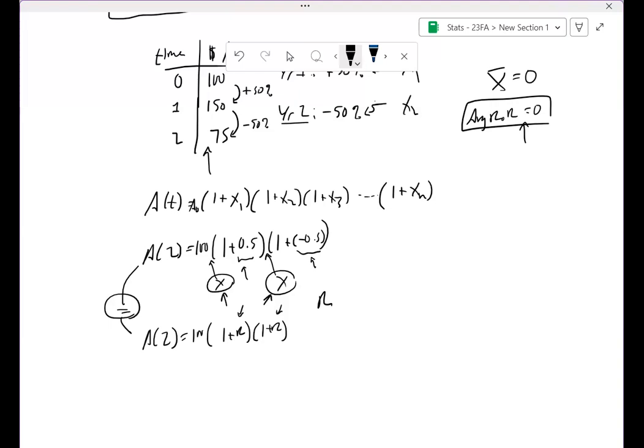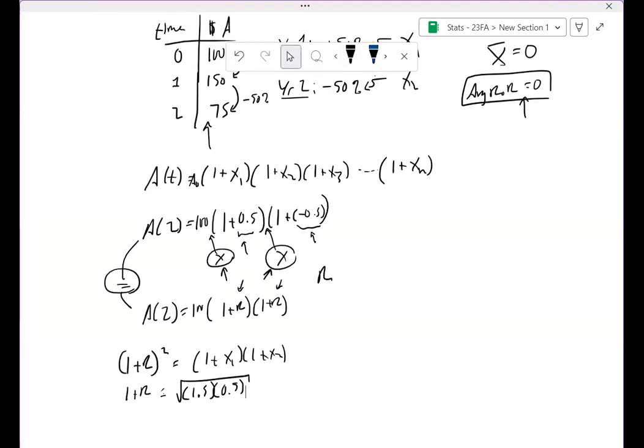So I see I have 1 plus R squared is 1 plus x1 times 1 plus x2, or 1 plus R is the square root of 1.5 times 0.5.